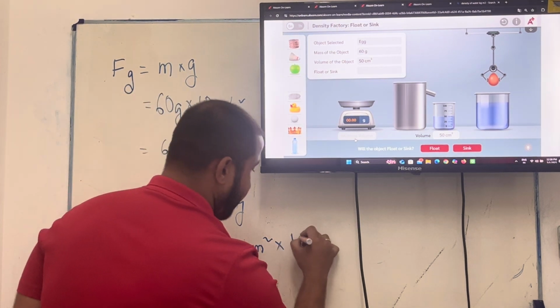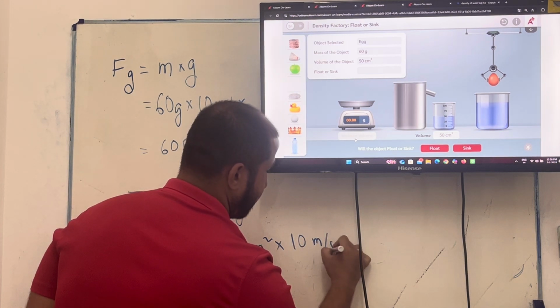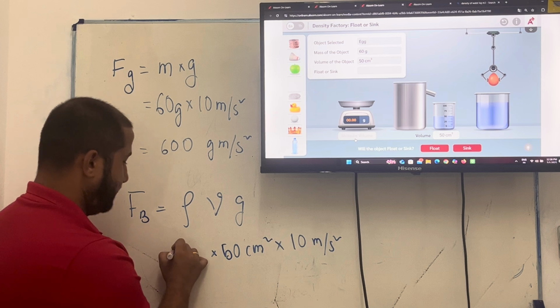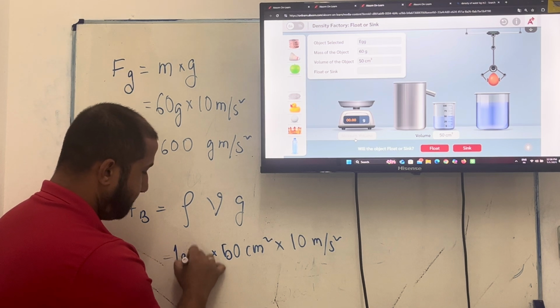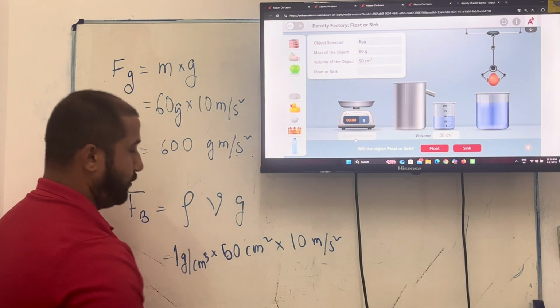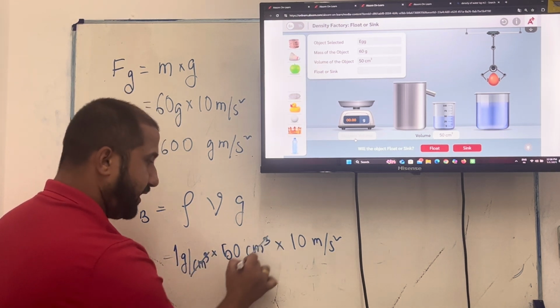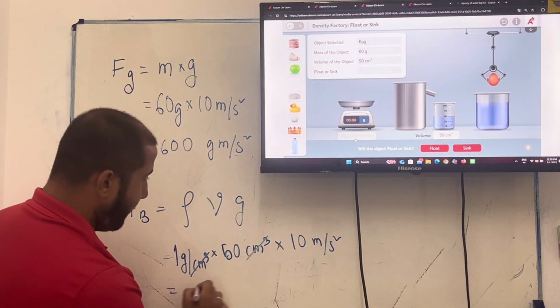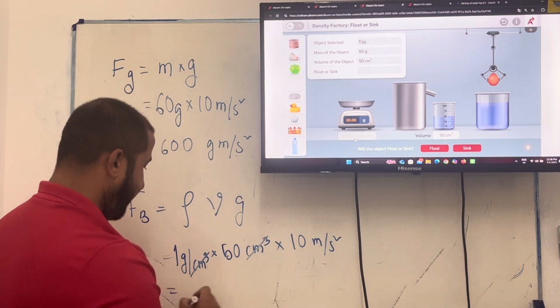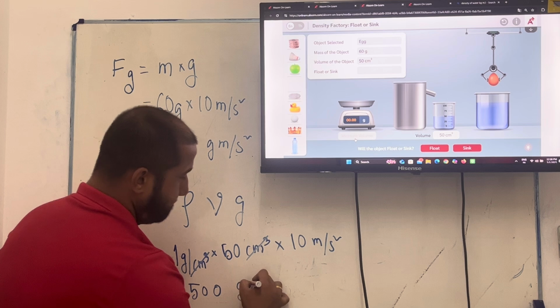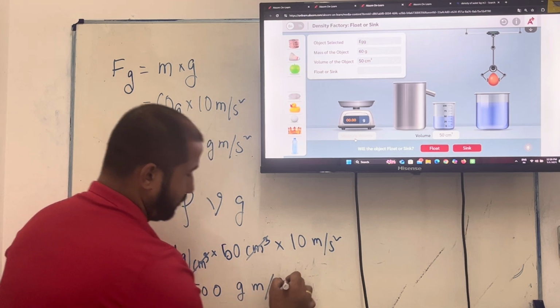Gravity 10 meter per second square. We know the density as 1 gram per centimeter cube. So centimeter cube gone. So what will remain? 50 multiplied by 10. That is 500 gram meter per second square.